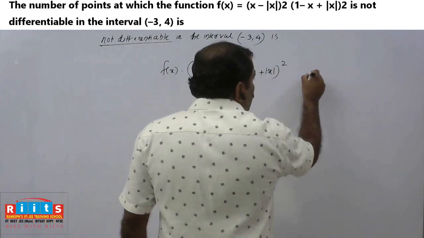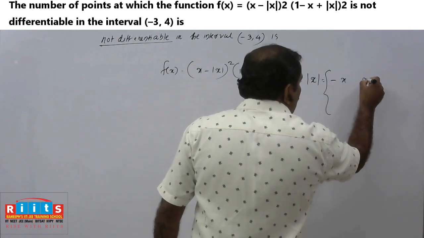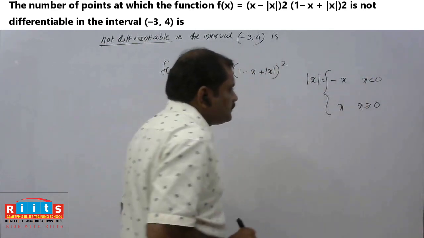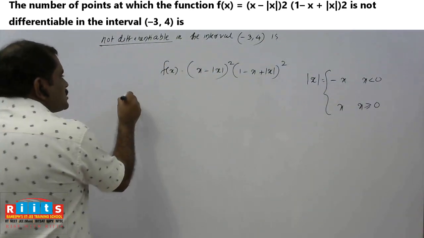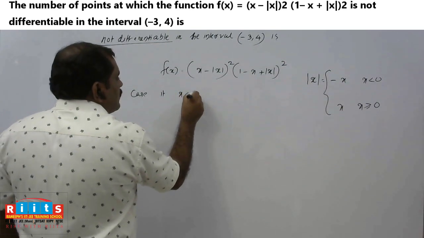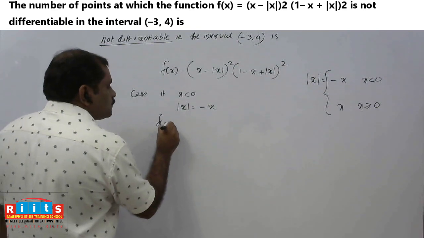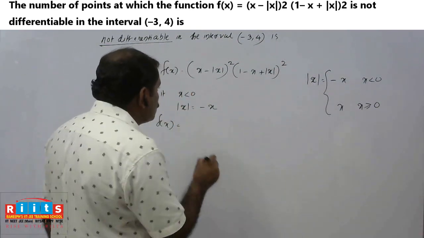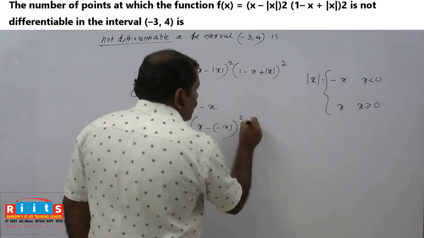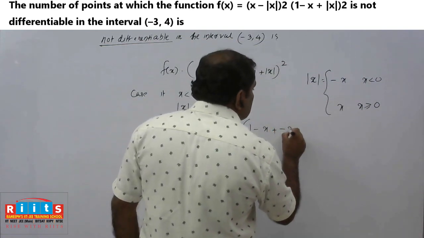We know that modulus x equal to minus x if x is less than 0, plus x if x is greater than or equal to 0. Case 1, if x is less than 0, then modulus x is replaced by minus x. So f of x equal to x minus of minus x the whole square into 1 minus x plus minus x the whole square.